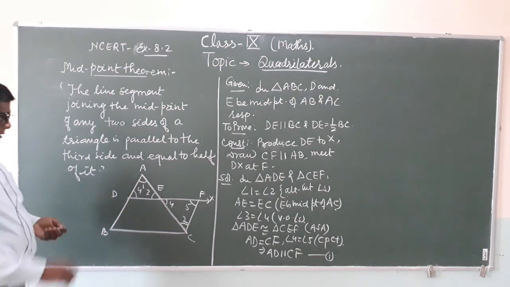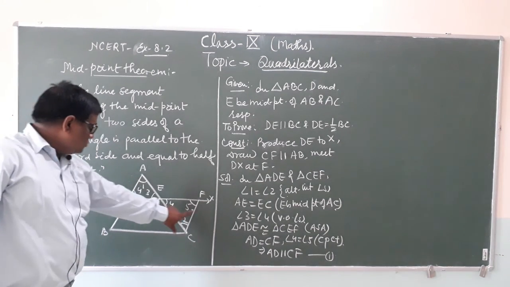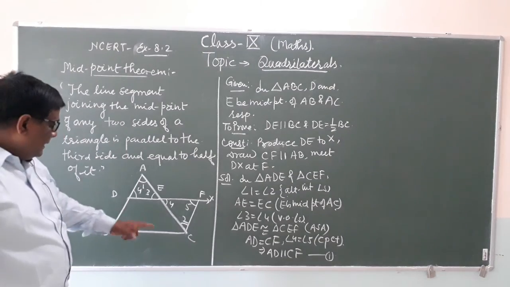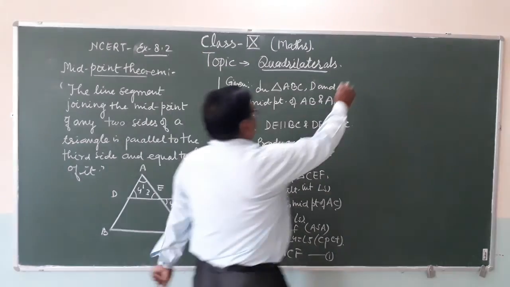Now again, our construction is that AB is parallel to CF, and AD is equal to CF.